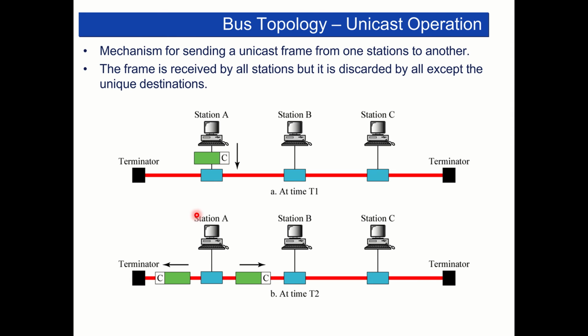Basically here is the mechanism for sending a unicast frame from one station to another. The frame is received by all stations, but it is discarded by all except the unique destination. If you look here, if station A sends a frame where the destination is C, it will send the frame in all directions.